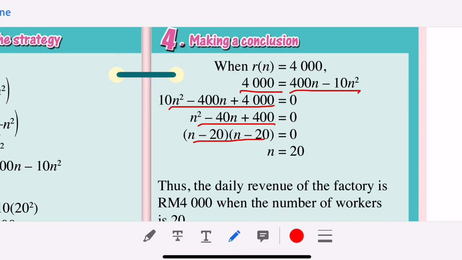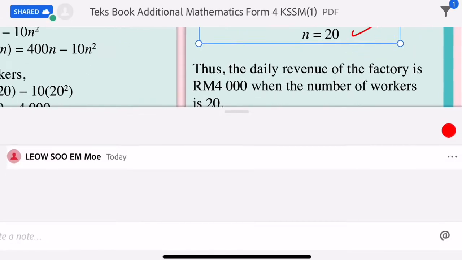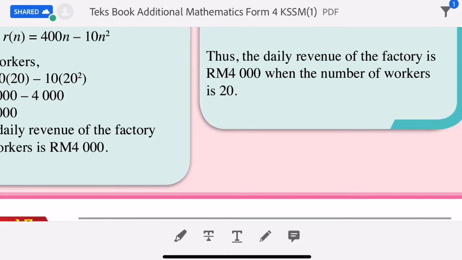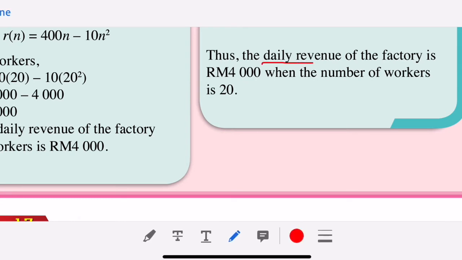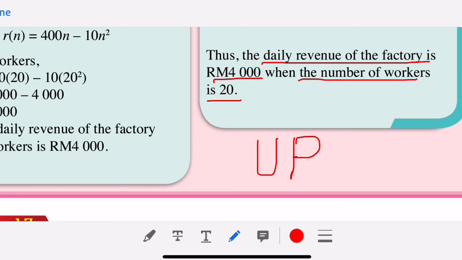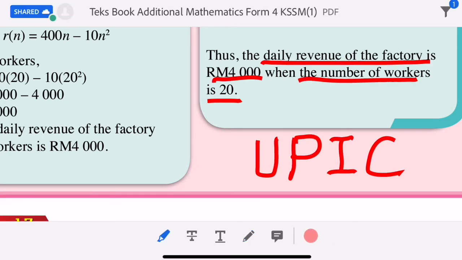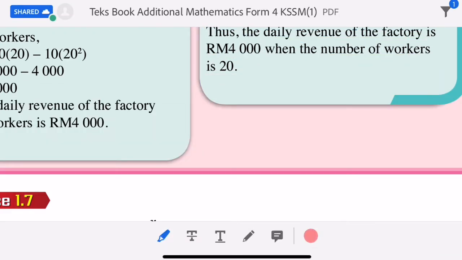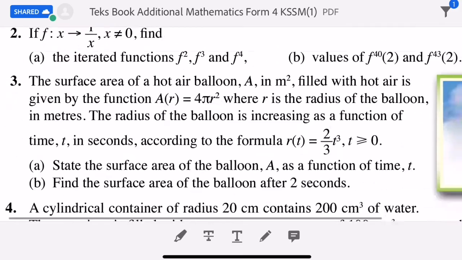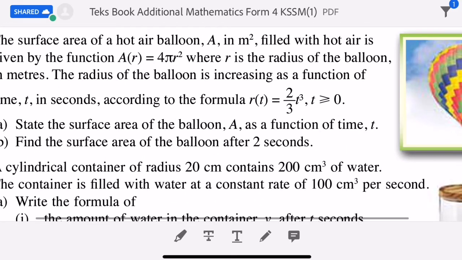Then you factorize, and n is 20, so it shows that you are doing the right thing, because the daily revenue of the factory is 4,000 when the number of workers is 20. That is how you solve a HOTS question, following the four steps, which is UPIC.